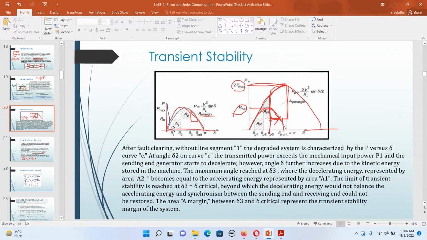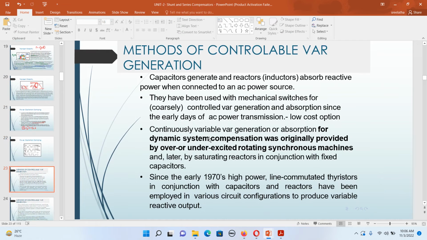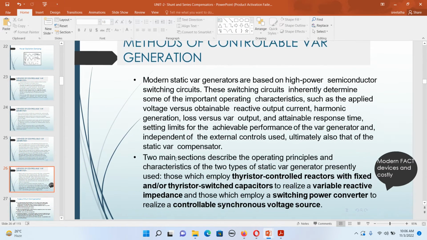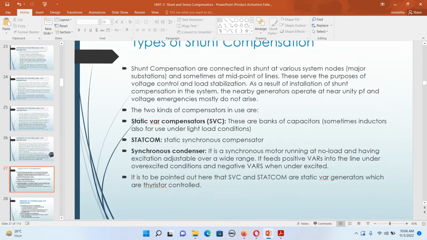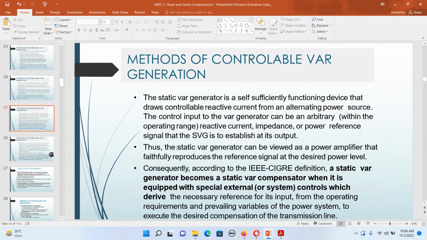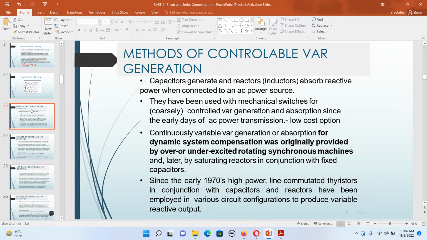Today we are going to see methods of controllable var generation, and in particular one of them, the SVC, static var compensator. So, different methods of var compensation.